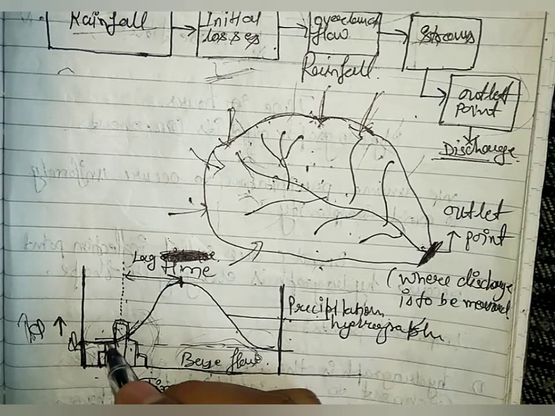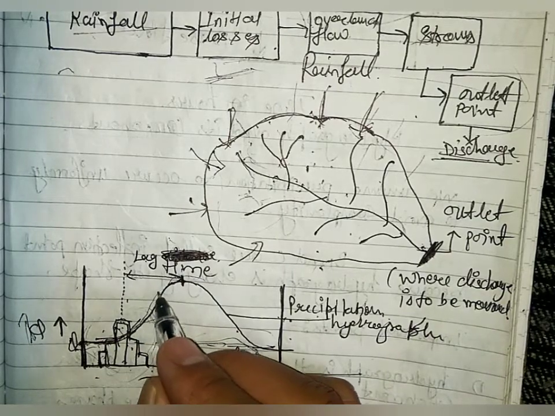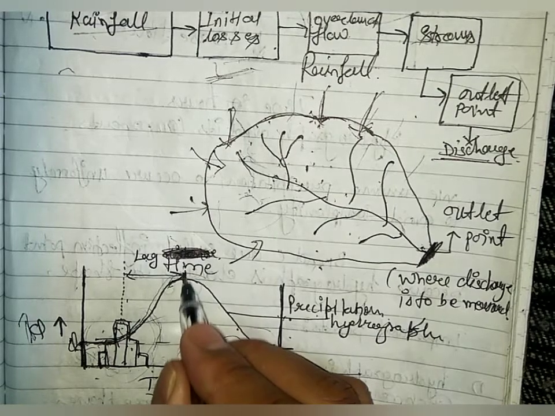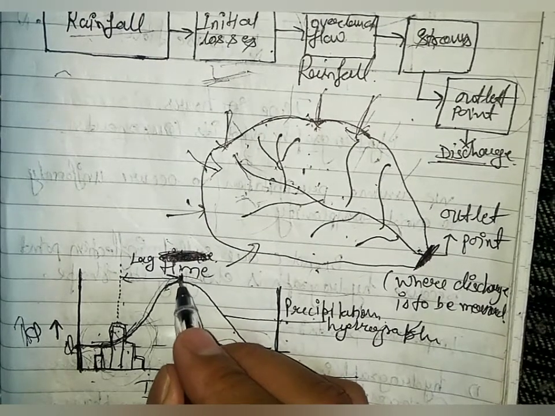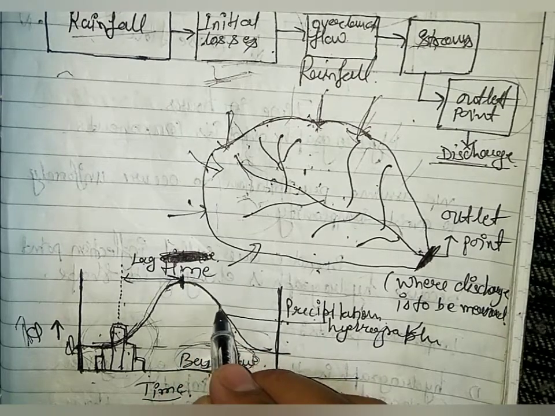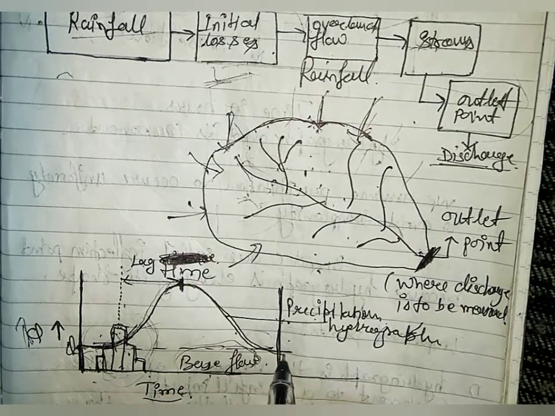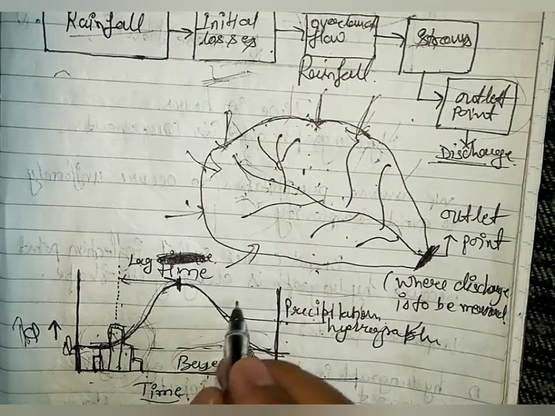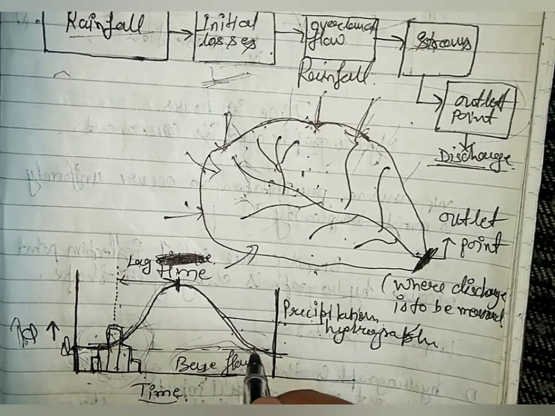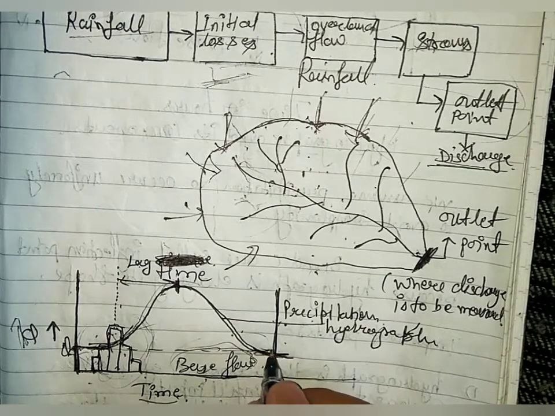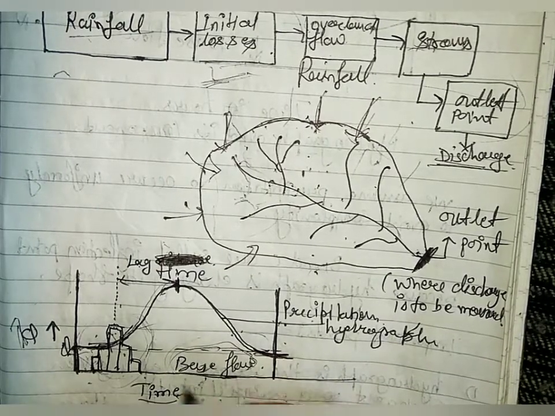So the discharge is increasing like this. It is reaching the maximum point, this is called the peak point, and after that the graph is going down again, and after all of the water is discharged, it is going to come back to its initial state, that is the base flow.